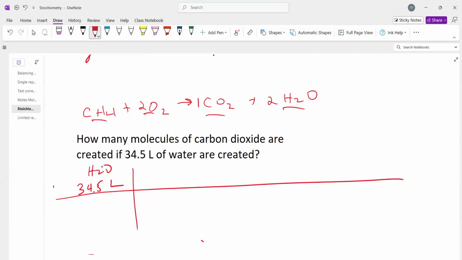Okay, so 34.5 liters of water are created. How many molecules of carbon dioxide are needed to create that much water? First step, liters to moles. Next, we need to go from water to carbon dioxide.